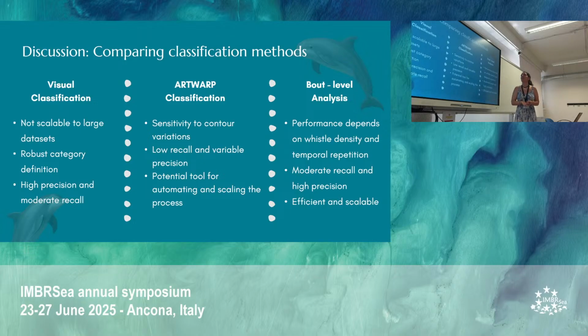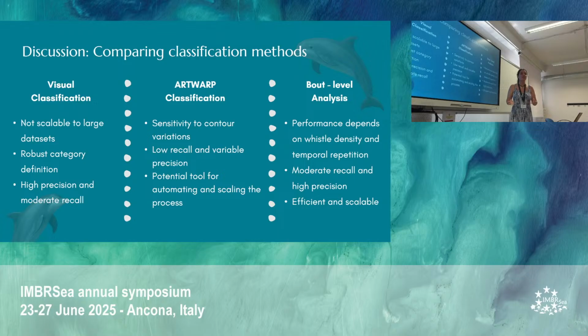Moving on to the automated classification, this algorithm was very sensitive to contour variation. So if we had a signature whistle that had a little variation, it would put it in different categories. That's why we had so many categories in the automated classification, which translates into low recall and variable precision depending on the parameters.